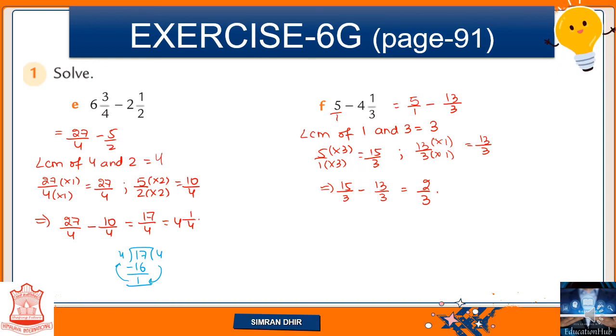So LCM of 1 and 3 will be 3. 5 by 1, when we convert it into denominator 3, we will get 15 by 3, and 13 by 3 तो already with denominator 3 है, so it will remain 13 by 3 only, and 15 minus 13 by 3 will be 2 by 3, so that will be our answer.